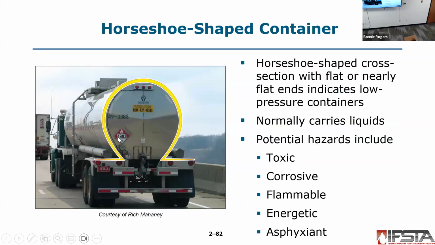All right, so this is a horseshoe container, horseshoe shaped. You can kind of see, not quite totally round. It's usually going to carry a liquid. What's 1993? Look it up. What section are you looking at? Yellow color.